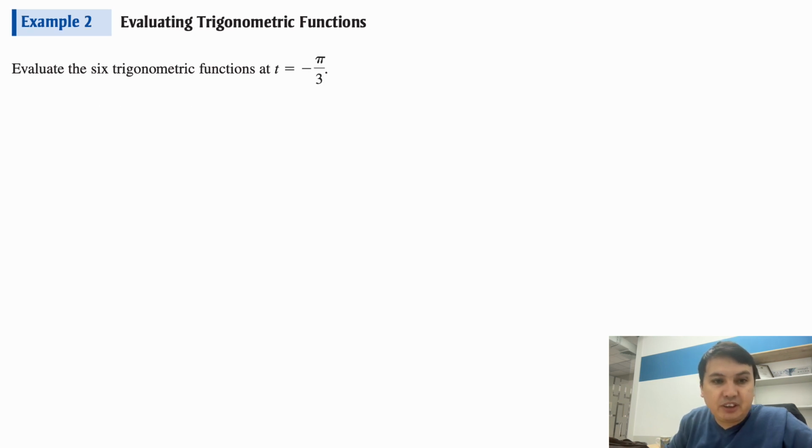Evaluate the 6 trigonometric functions at t equal to minus pi over 3. So pi over 3 is 60 degrees, but you need to move in the negative direction, right? Let's try to find what it is.